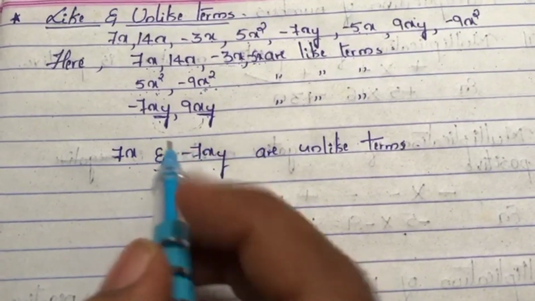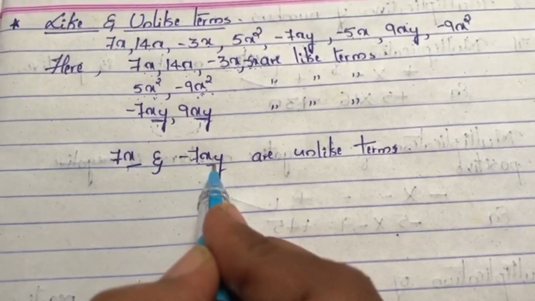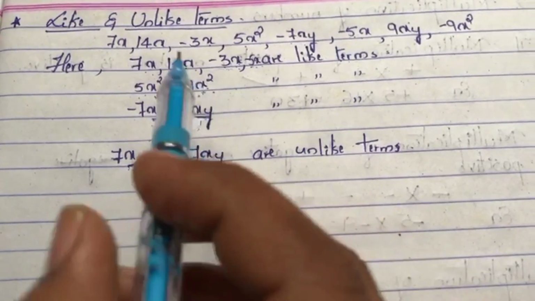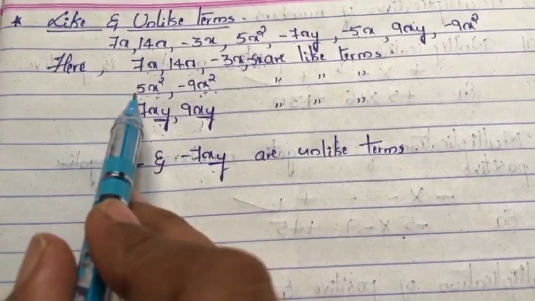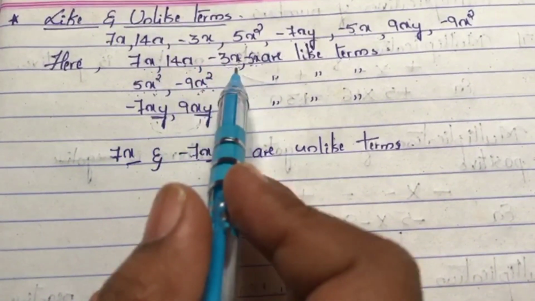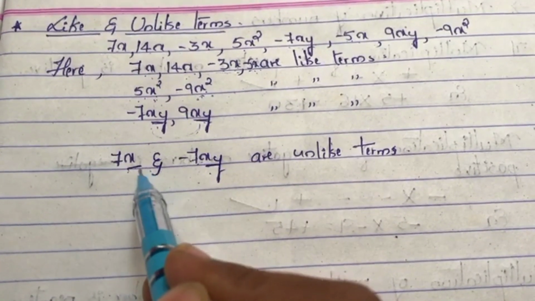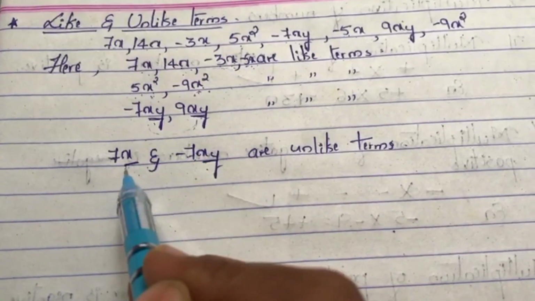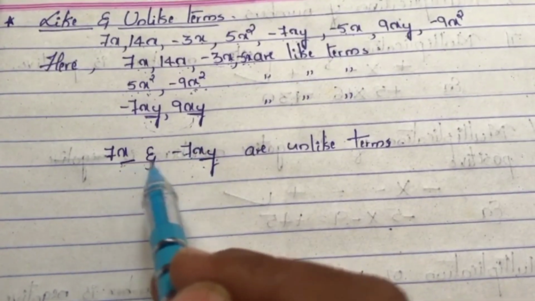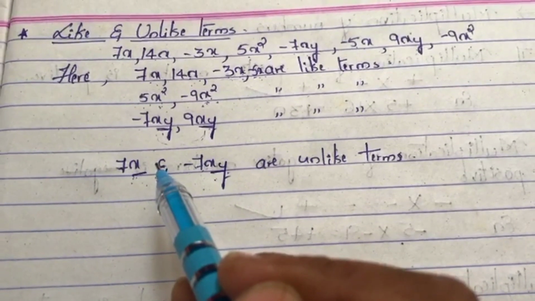These are unlike terms because one term is x and another one is xy. Therefore, like terms are those which contain the same variable, and unlike terms are those having different variables. I hope you have understood the concept.